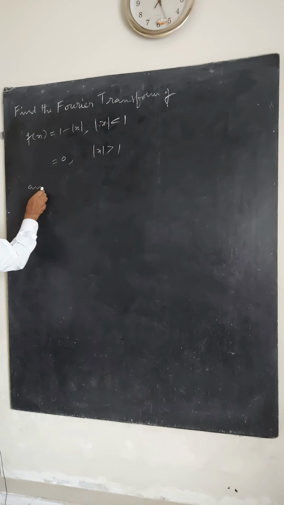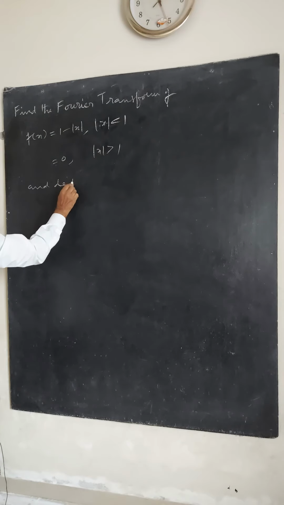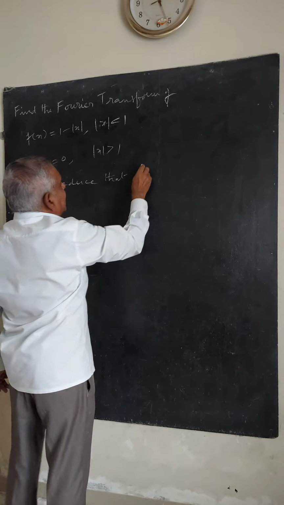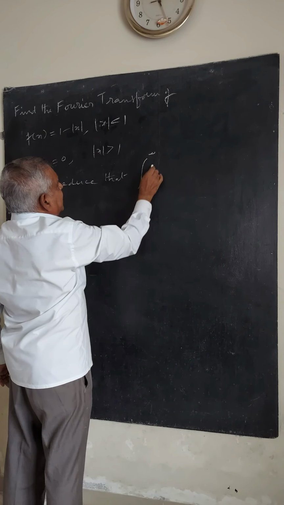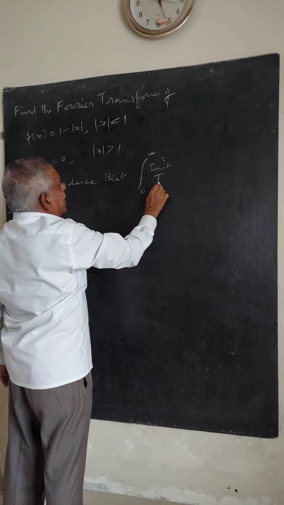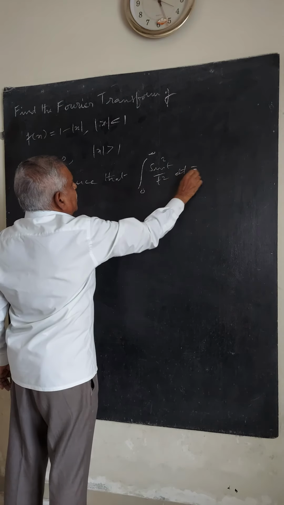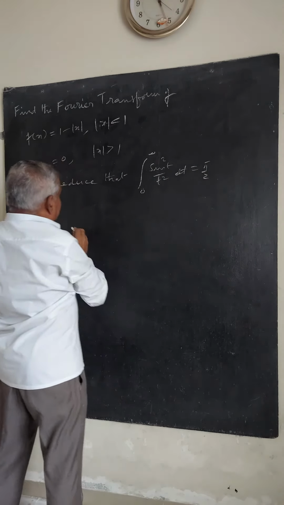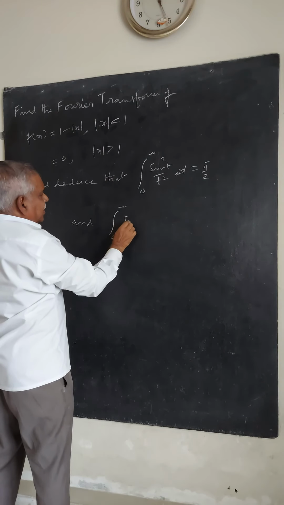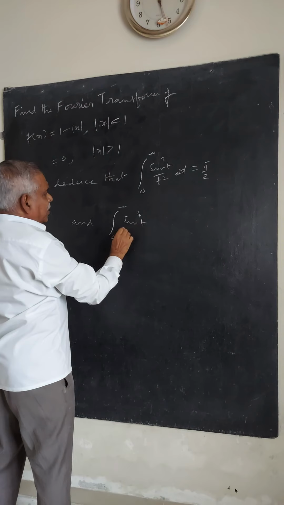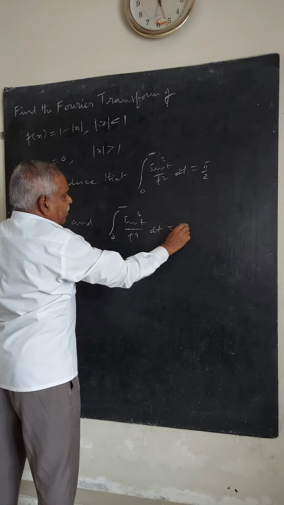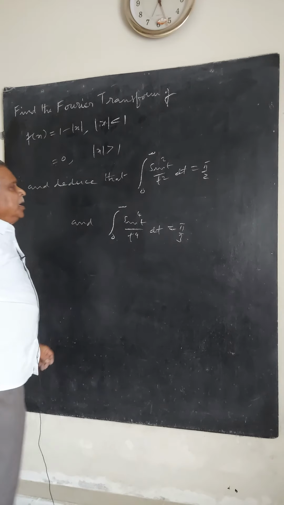And to deduce that integral 0 to infinity sin square t by t square dt equals pi by 2, and integral 0 to infinity sin power 4 t by t power 4 dt equals pi by 3.